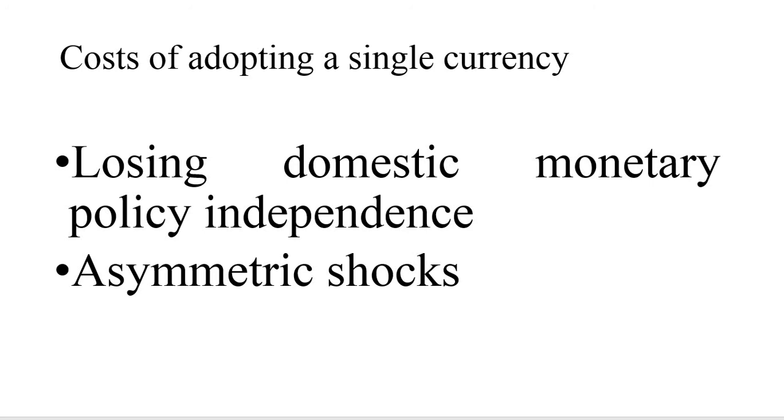Basically, if a country is part of a single currency area, we treat the exchange rate as a fixed exchange rate. This means that the central bank cannot use monetary policy to fix real shocks. And also we deal with asymmetric shocks. An asymmetric shock occurs when two countries react very differently to the same shock.